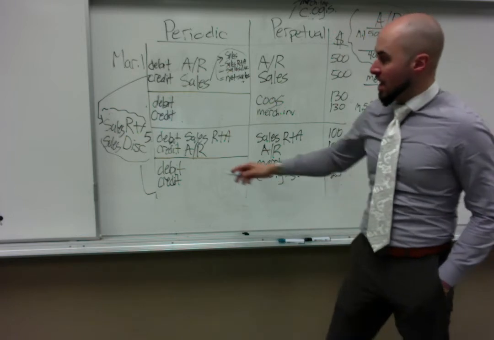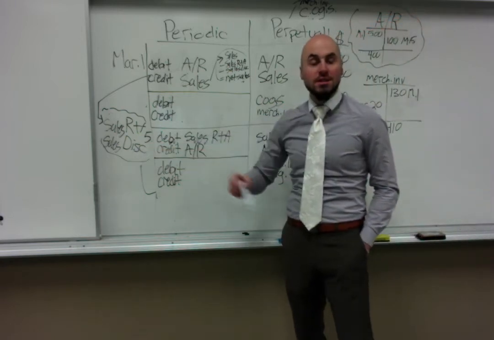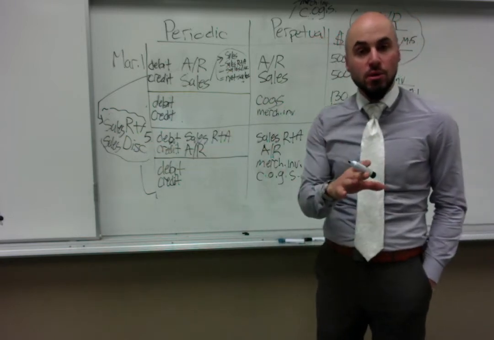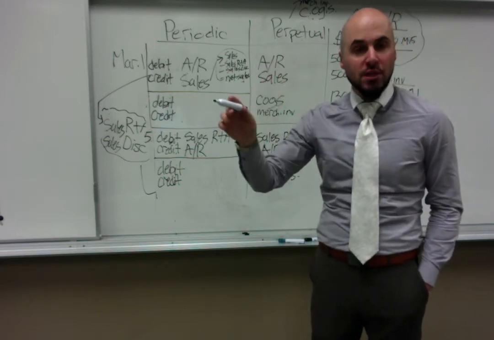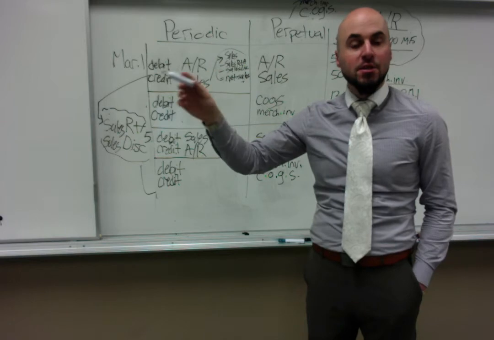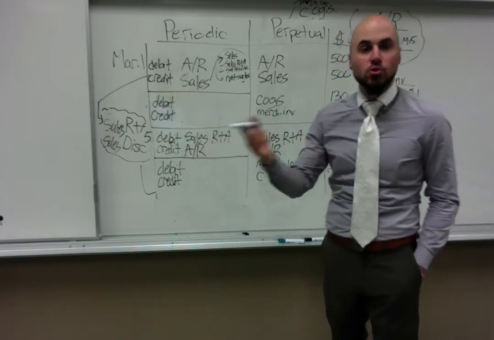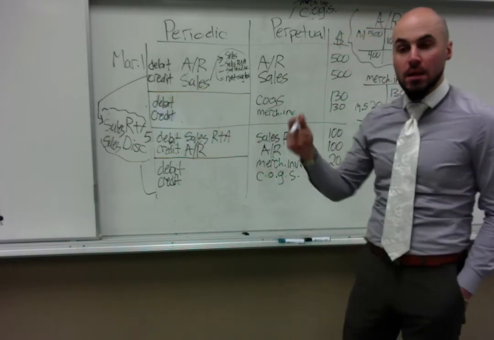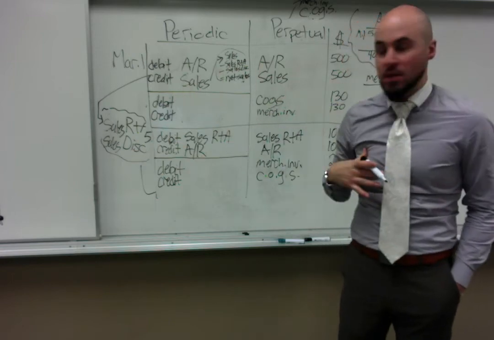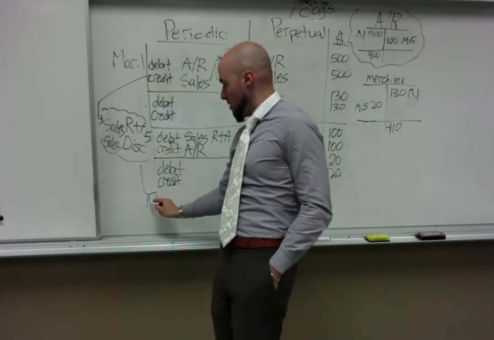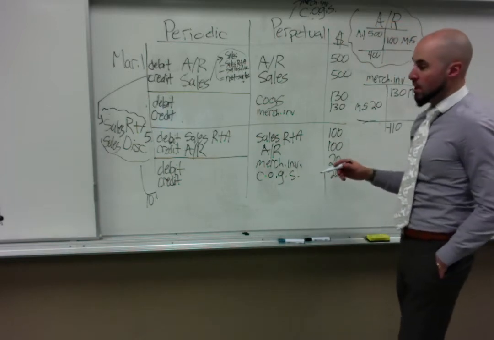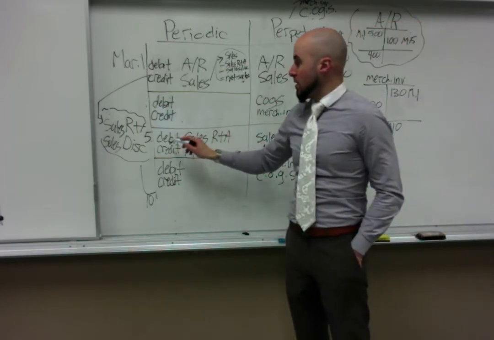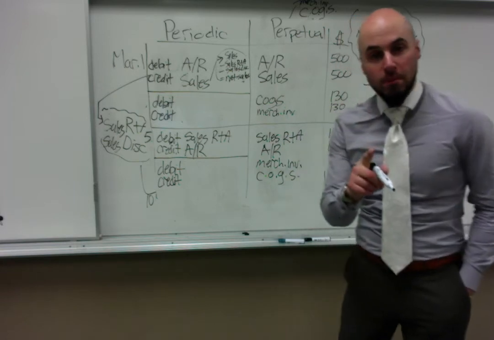Okay? And then lastly, to record the sales discount. Now the customer will do the same payment terms. Let's say we offer the 3/15, net 30, or net 28. The customer pays within the 15 days, down here, March 10th. Okay? They're paying off what?